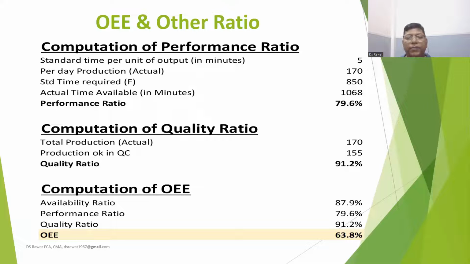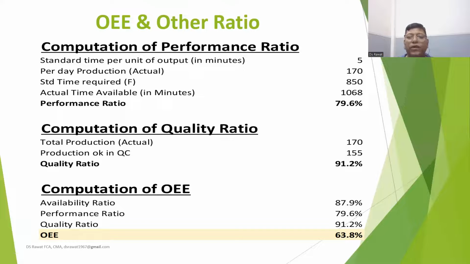Then depending upon the total production units, we can know the standard time we spend on producing the actual production. In our example, we have taken standard time per unit as 5 and actual production per day is 170. Therefore, standard time required for actual production is 850 minutes.